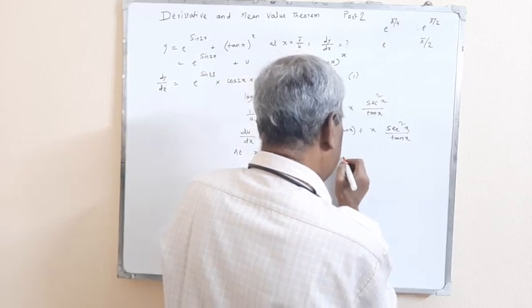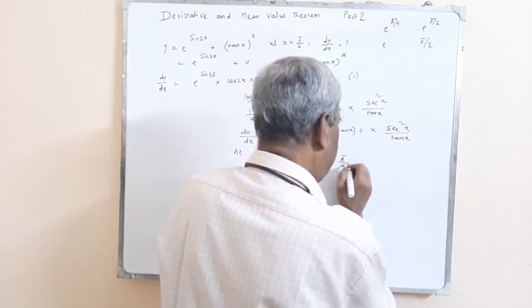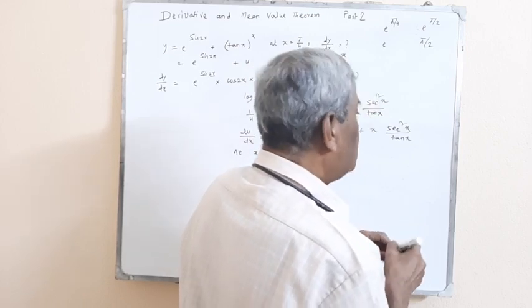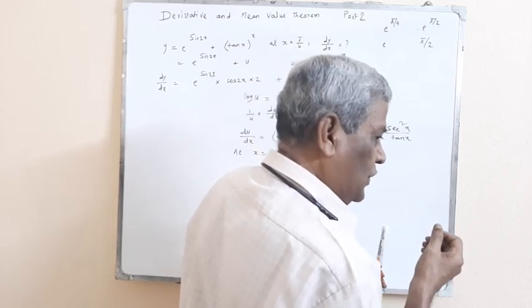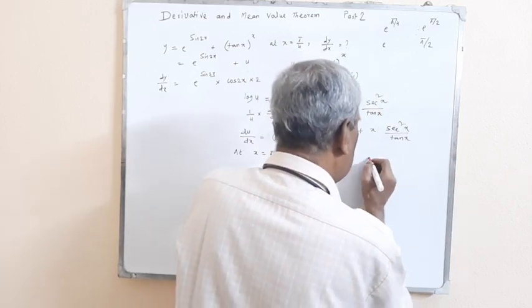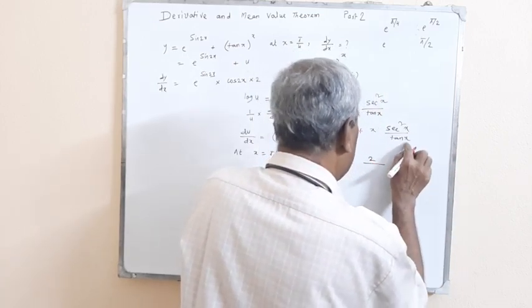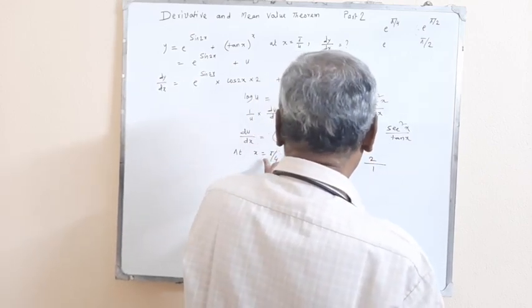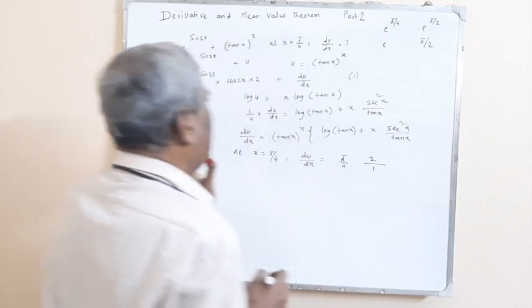Then pi by 4 into sec square, where cos square pi by 4 is 1 by 2, so sec square is 2, divided by tan pi by 4, which is 1. So du/dx at that point is equal to pi by 2.